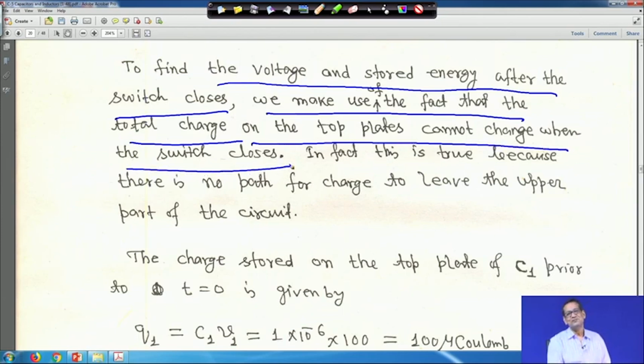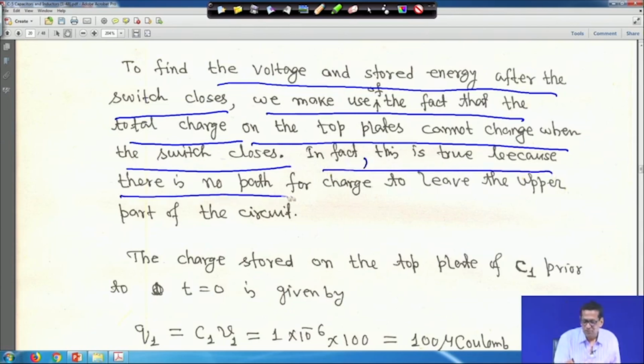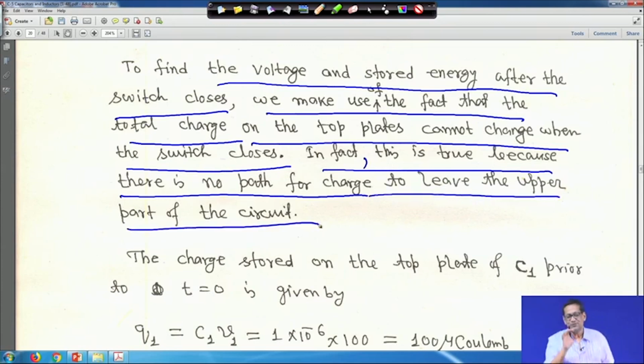In fact, this is true, because there is no path for charge to leave the upper part of the circuit, right. So, the idea is something like this.